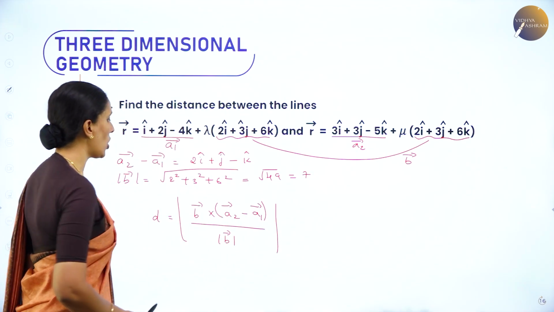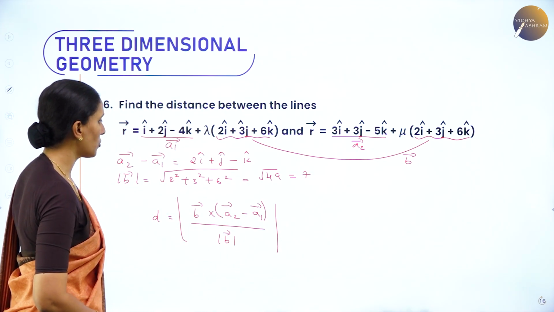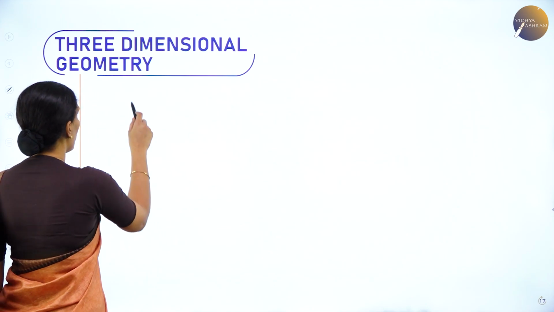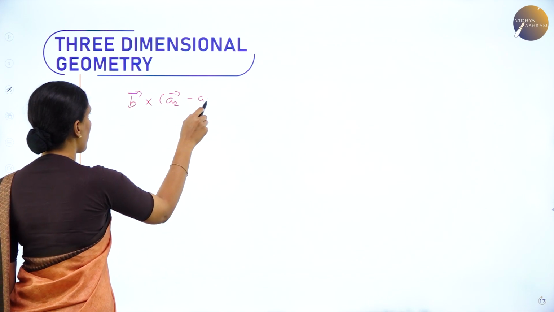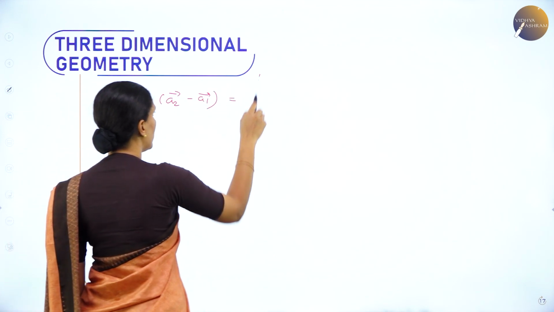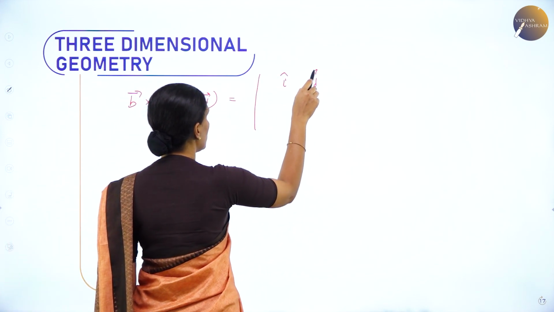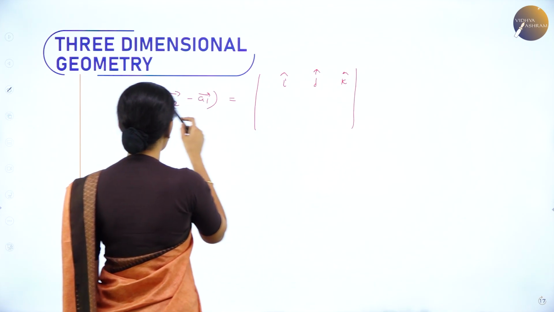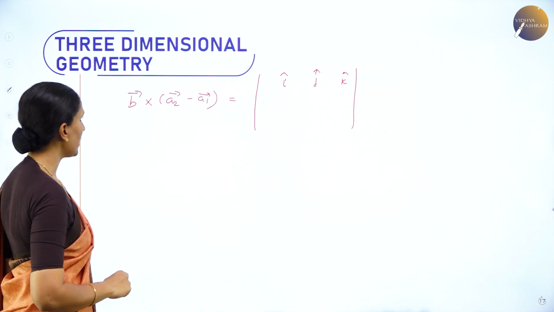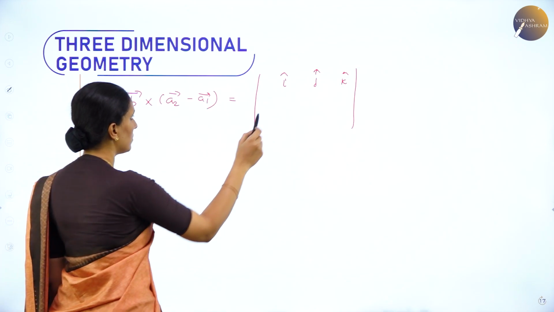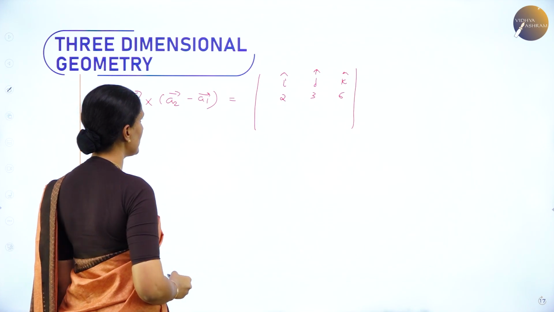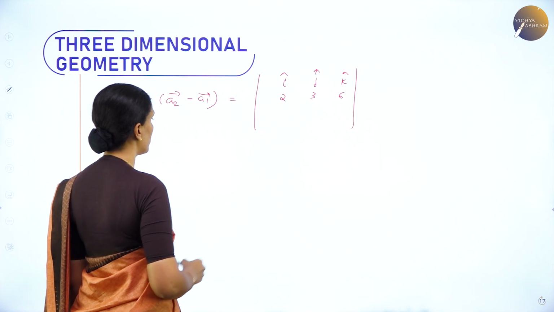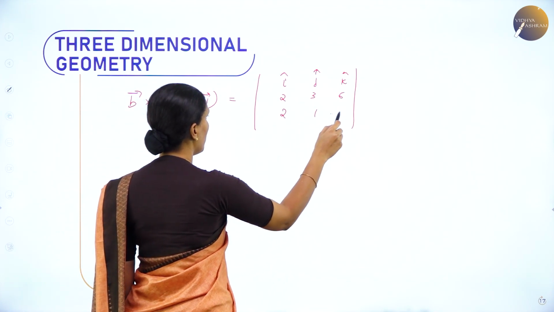Now let's find the cross product of vector B and A2 minus A1. So B cross A2 minus A1 is represented in the form of the determinant as i, j, k. Now scalar components of vector B is 2, 3, 6. A2 minus A1 is 2, 1, minus 1.